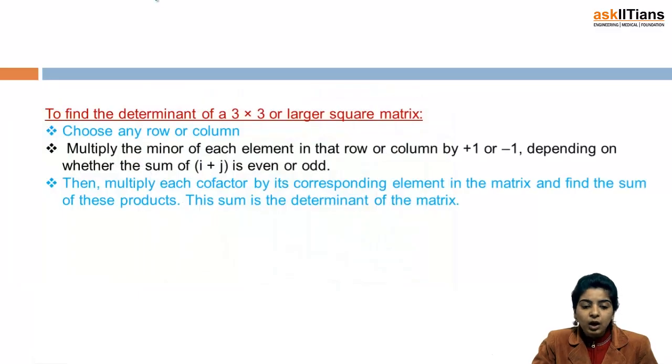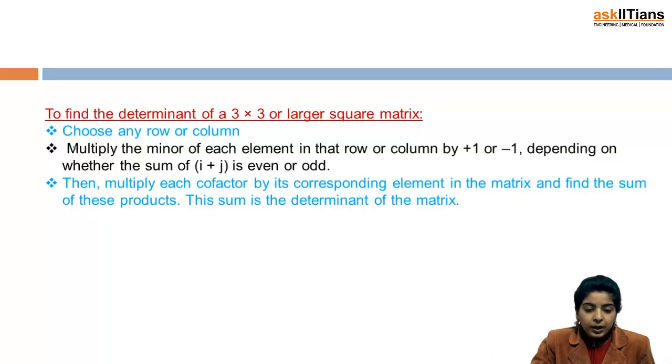Next, how do we find the determinant of a 3 cross 3 or larger square matrix? If you remember, we have already discussed that a determinant is always computed for a square matrix. So how do we compute the determinant? Choose any particular row or column.